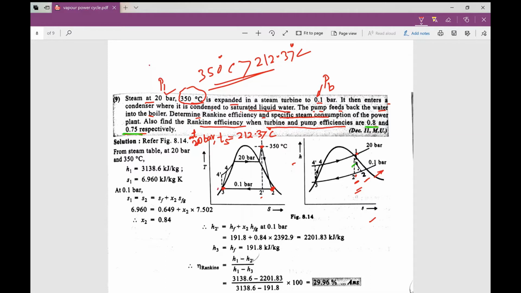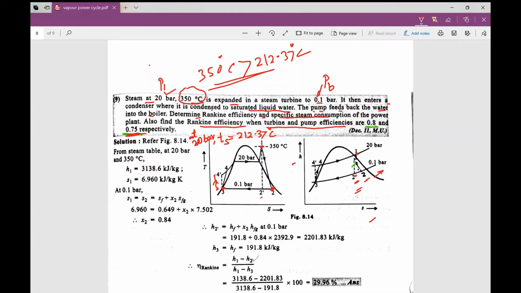Now 3 to 4 is your pumping process. We call it isentropic compression from 3 to 4, right? And due to the efficiency value given, that is 0.75, point 4 dash is shifted to 4.